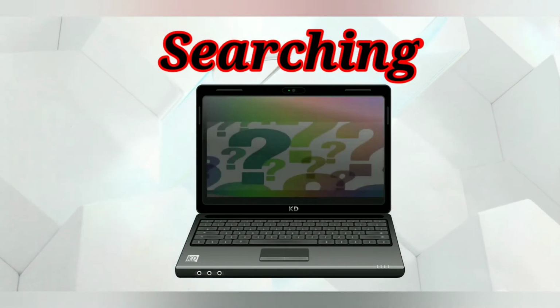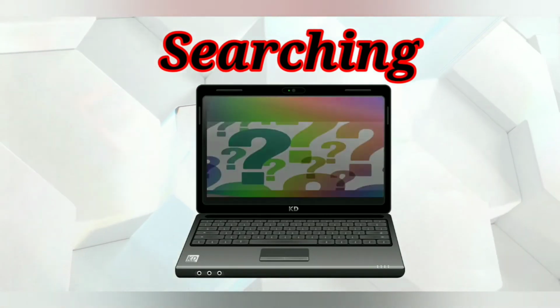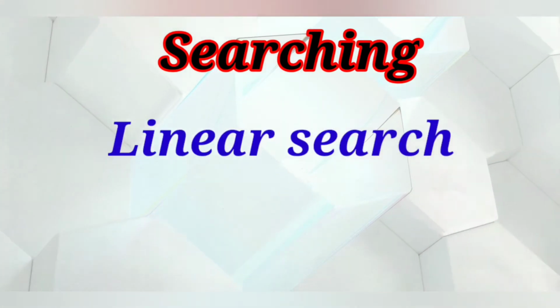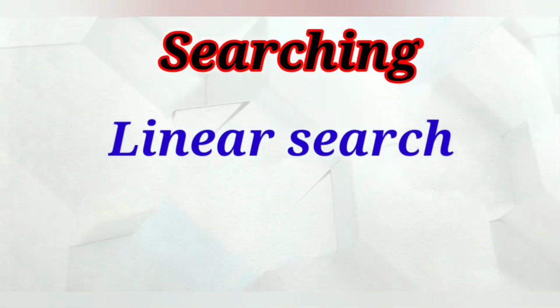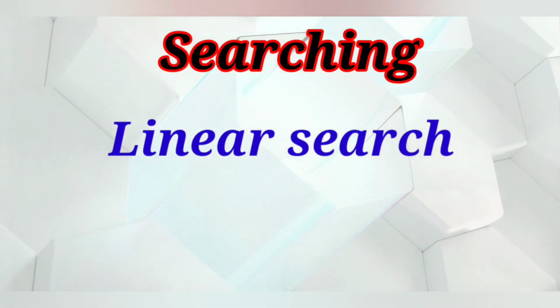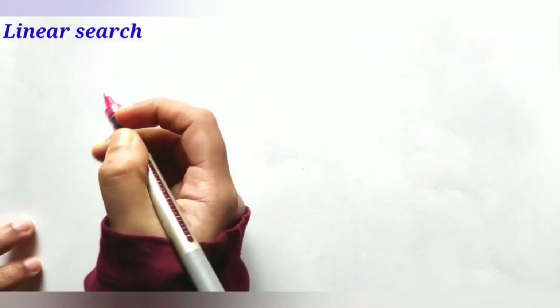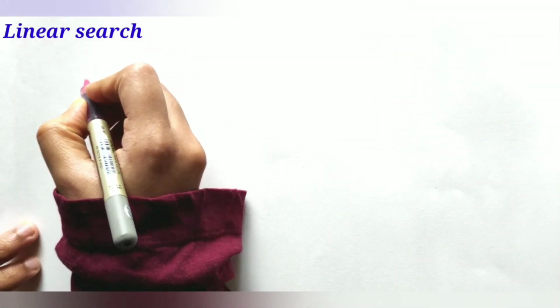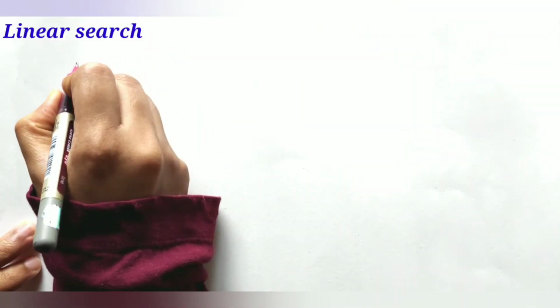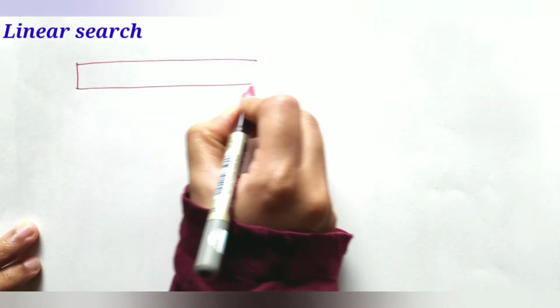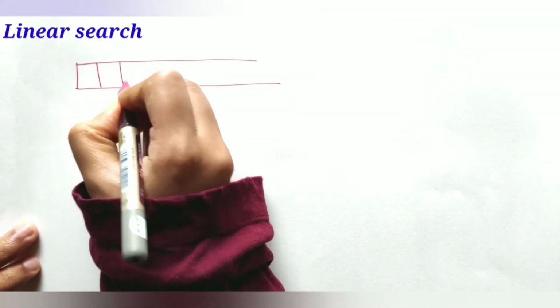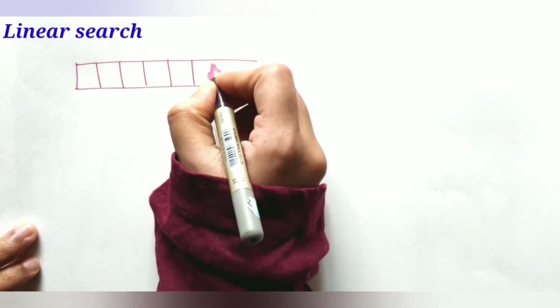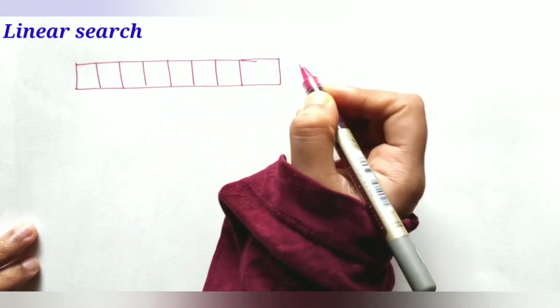So our first most simple type of search is known as linear search. So we will be learning linear search today. So let's take an example that we have a list of elements. Now consider this list as something like an array, and the user inputs certain elements, okay?